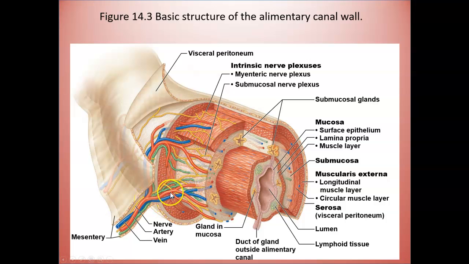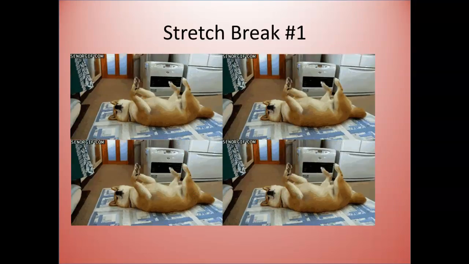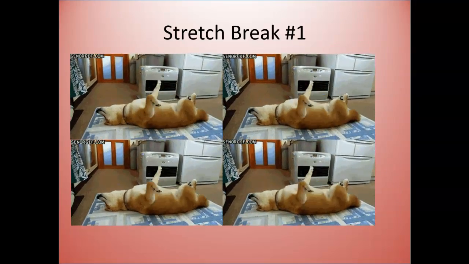So we've got arteries, we've got veins, and in green we've got the lymphatic system, and in yellow, those are probably nerves running through there. Yeah, the mesenteric nerves there. So we actually have quite a bit going on with our intestinal tract. It's very complex. And that gets us through the end of our first part.